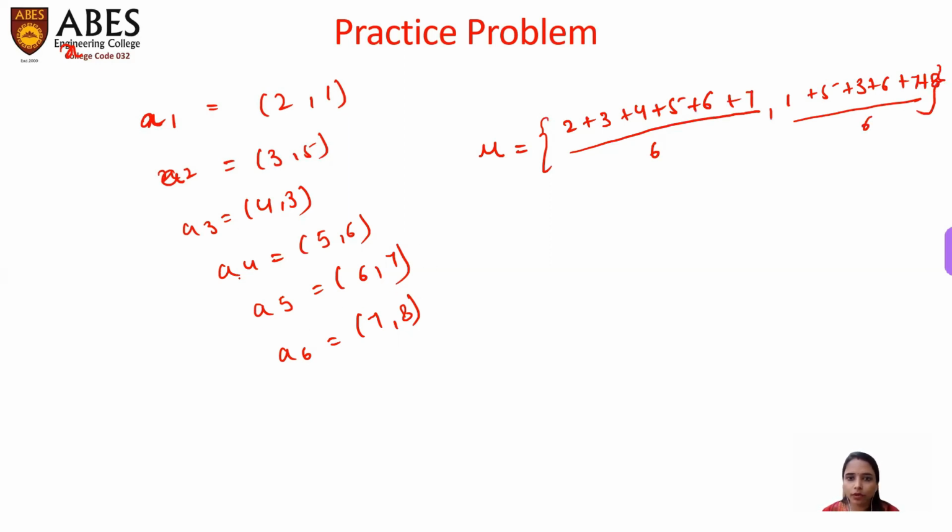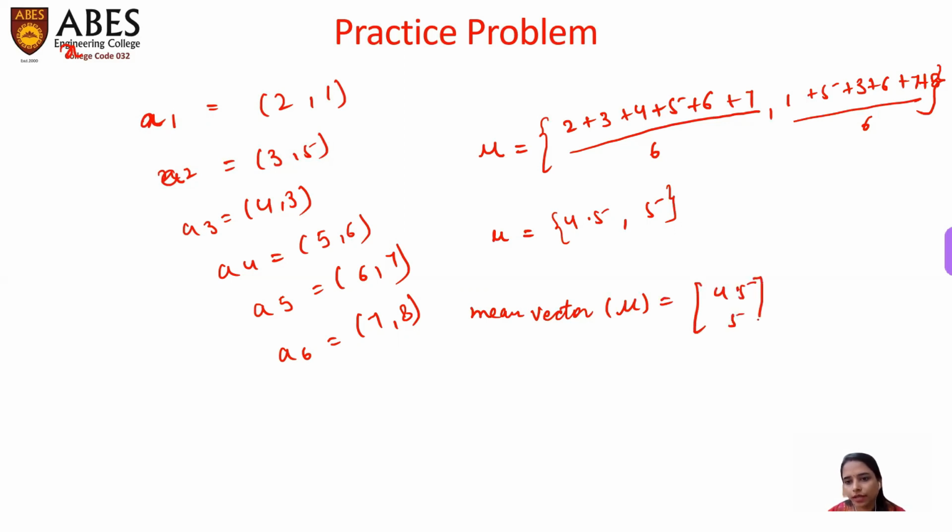So after calculating these values, we got mu equals 4.5, 5. And we can write our mean vector as 4.5 for the x-axis value and 5 for the y-axis value.